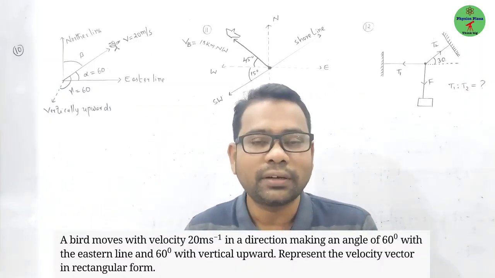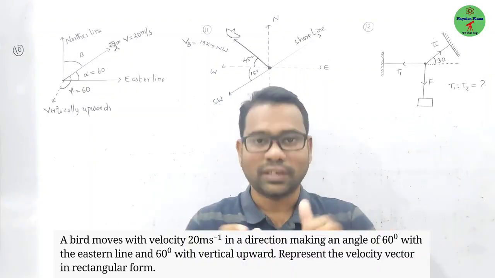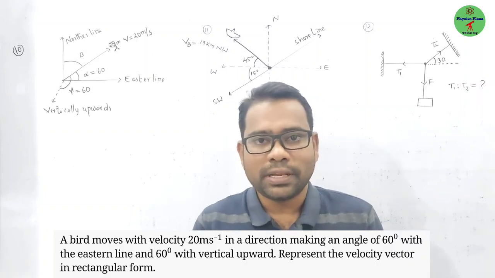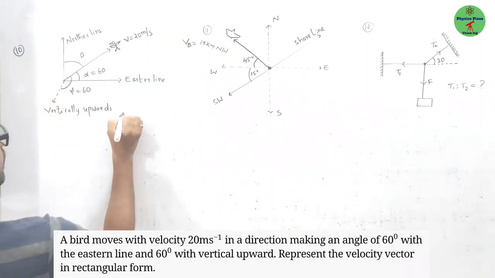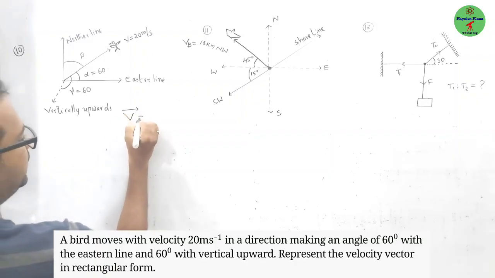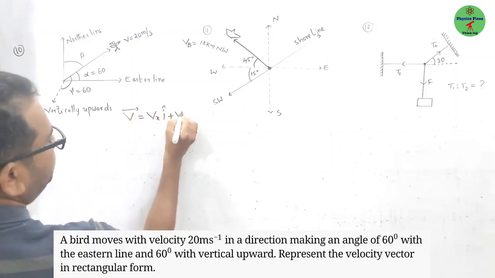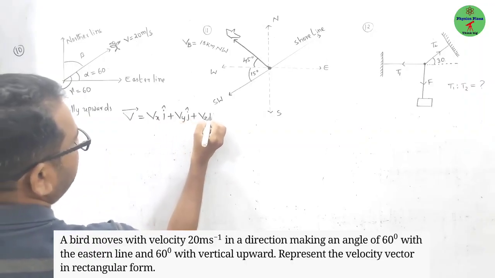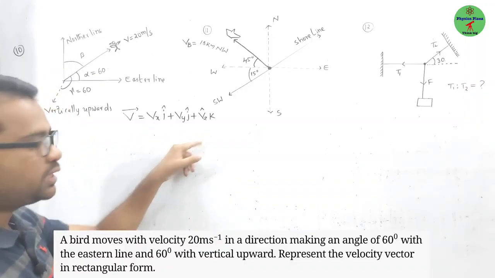So indirectly we need to write the velocity in terms of vector components, that too in space, children. If it is in a plane, v is equal to vx i plus vy j, but in space, vector v can be written as vx i cap plus vy j cap plus vz k cap. But the question is, what is vx, what is vy, what is vz?